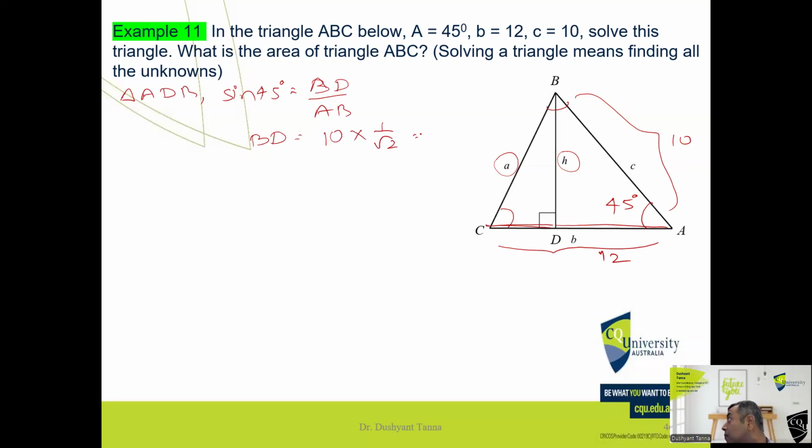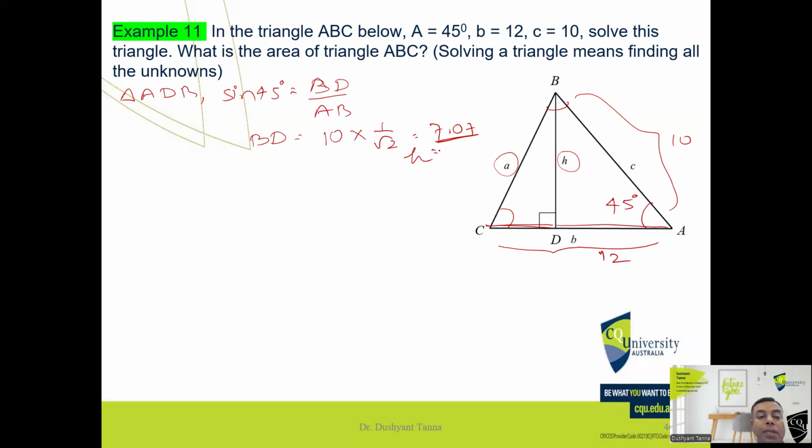And therefore that will be 5 root 2. How much did you say? 7.07. No units given, so no units. 7.07, that's your h.